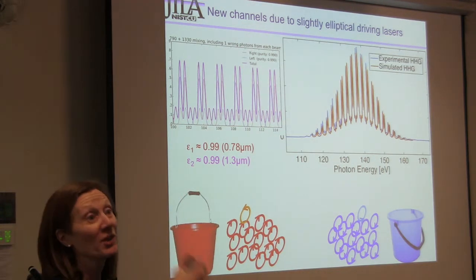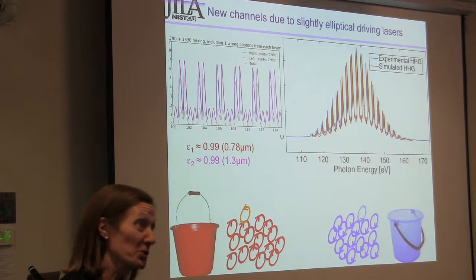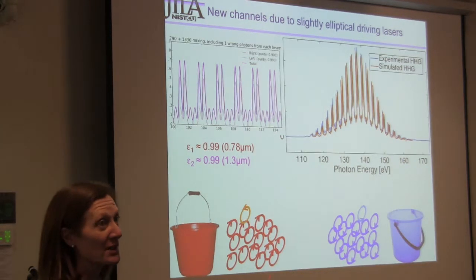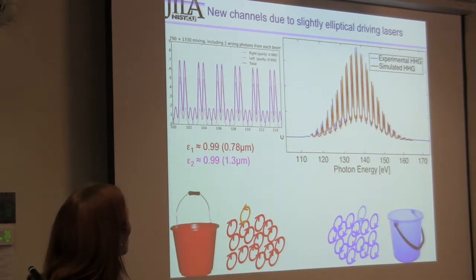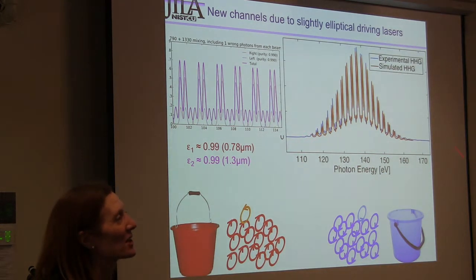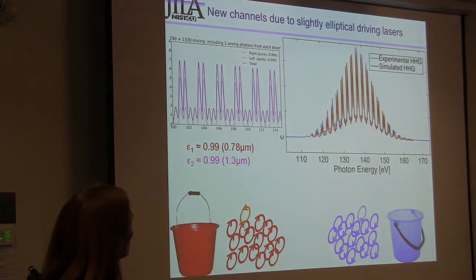As you go into the mid-IR, you've taken more and more photons, so you could grab a wrongly polarized photon. In fact, it's more likely as you go into the mid-IR. This explains beautifully how a tiny amount of ellipticity in your driving lasers will give you this underlying continuum.